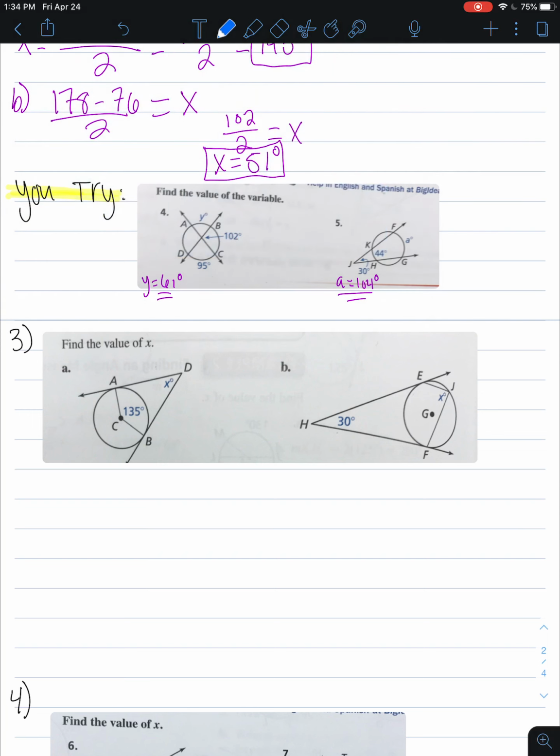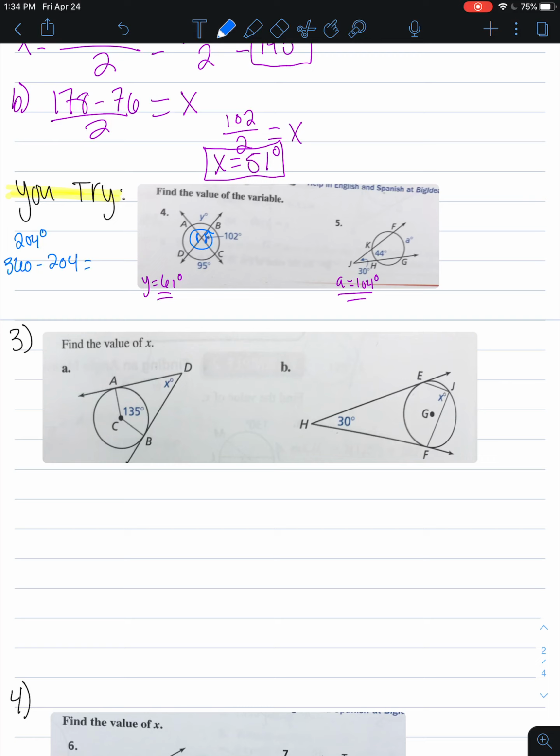For number 4, notice that it's giving us this angle right here, which is not actually the angle that we can use right now for our theorem. We know that this blue angle is 102, which means that its vertical angle over here is also 102. If we add those two together, that gives us 204 degrees. We also know that this whole thing should be 360 degrees.